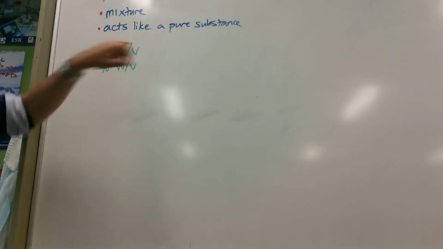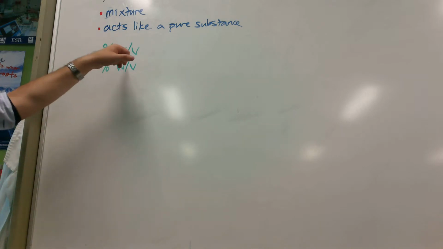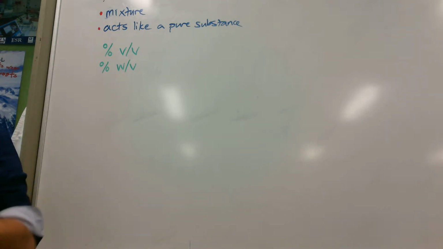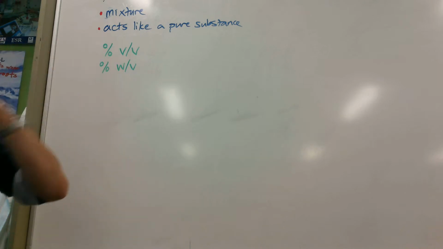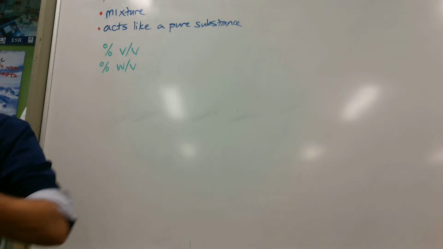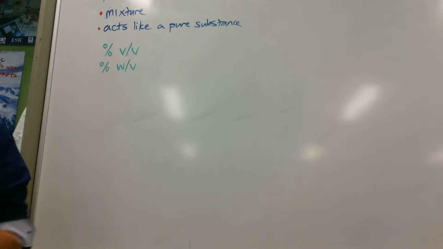This is just volume per volume, so you'll often see this where the stuff dissolved is a liquid, like ethanol. So if it's beer or wine, you'll often see wine as something like 10% V over V. That means that 10 mils of every 100 mils is ethanol.